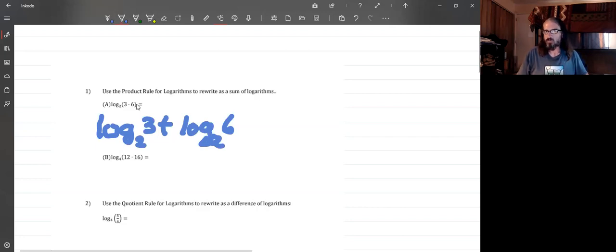So what power of 2 could give us 18? 2 to the 4th is 16, and 2 to the 5th is 32. So I'm expecting an answer that's between 4 and 5. So let's see here.